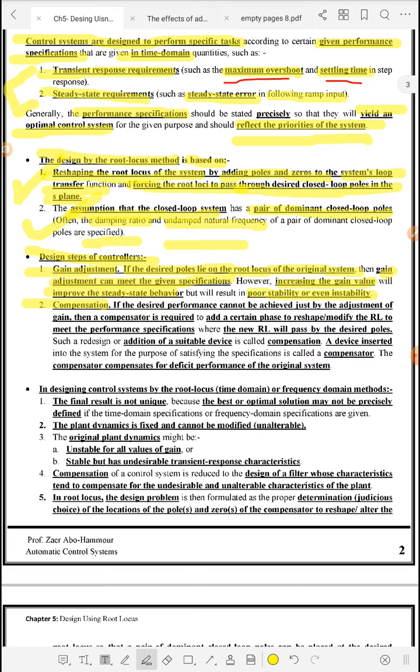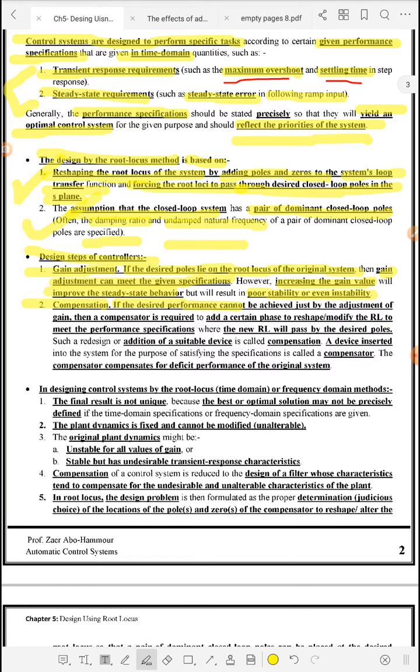But the penalty for this process, the price for this process is that the relative stability will be deteriorated or will be reduced.